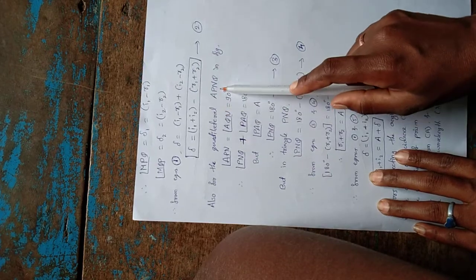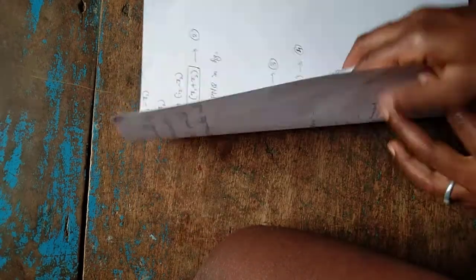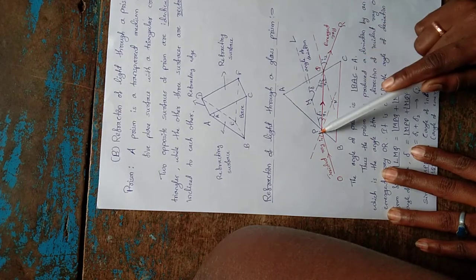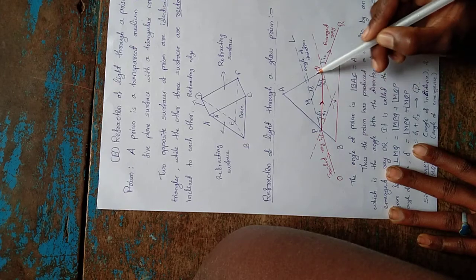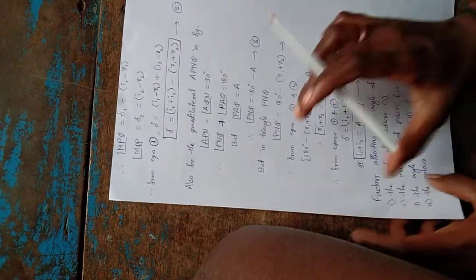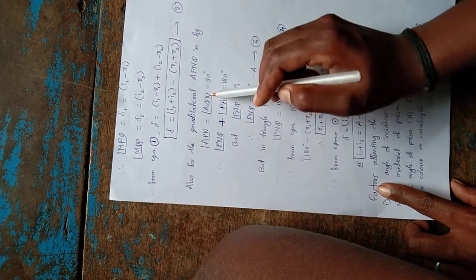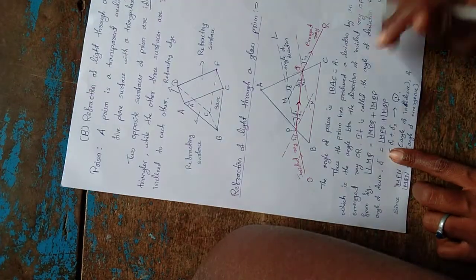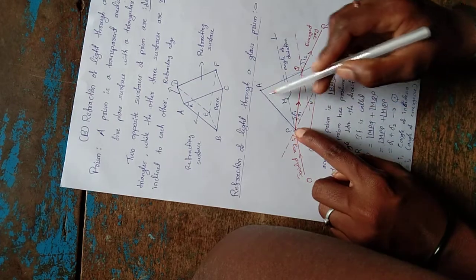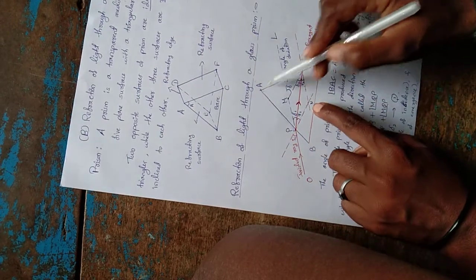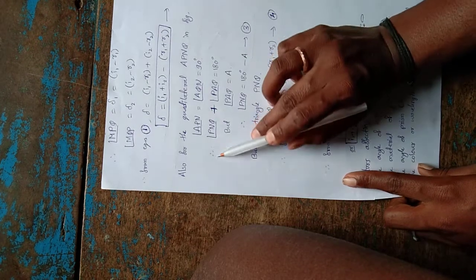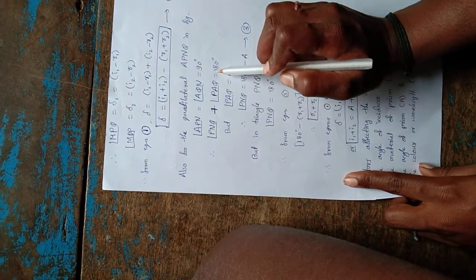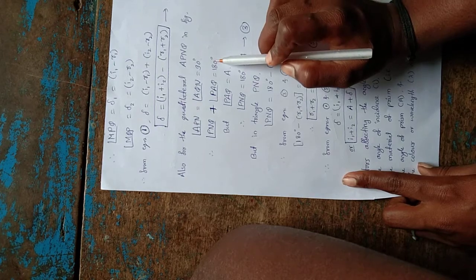Also for the quadrilateral APNQ in the figure, angle APN is equal to AQN, that is equal to 90 degrees. See, APN is a right angle, 90 degrees, and AQN is also 90 degrees, a right angle. So they are both 90 degrees. Therefore, PNQ plus PAQ is equal to 180 degrees.